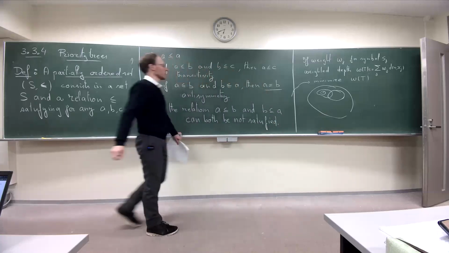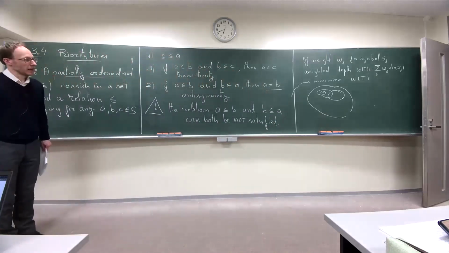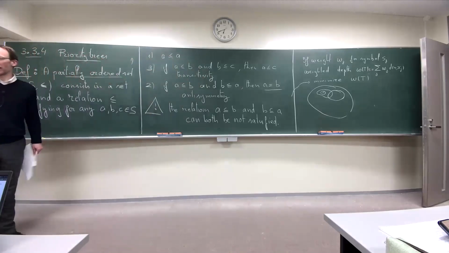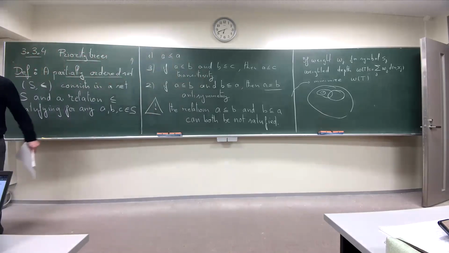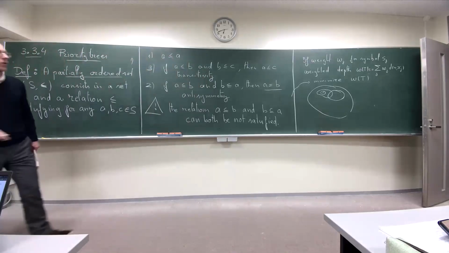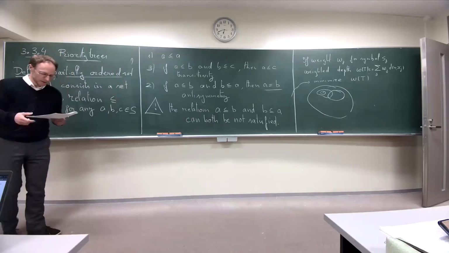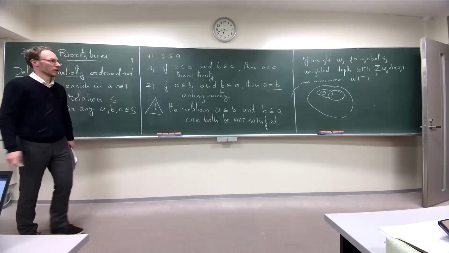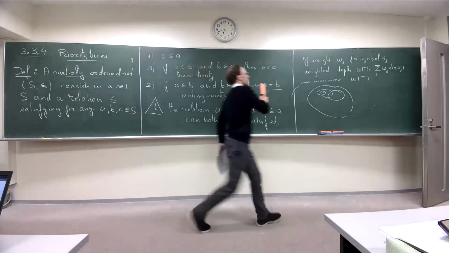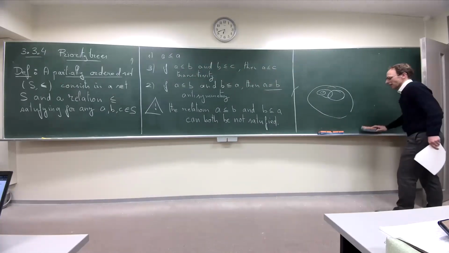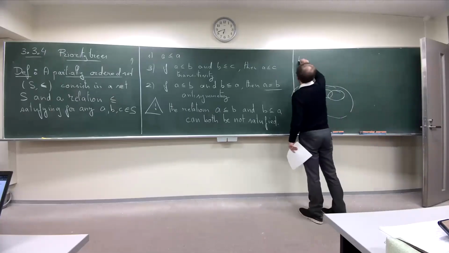I'm not saying that we always have A smaller than B or B smaller than A. They can be both not satisfied. So it's a partial order, like this picture. Keep in mind this picture. This is the best example. Observe that if you have a totally ordered set, it's also partially ordered.